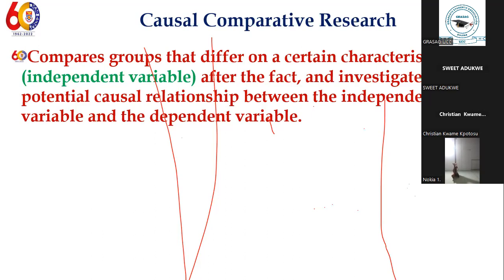One, those that receive incentives. And two, those that do not receive incentives. So we want to compare these two groups and see, is there any difference in their job satisfaction? If there are differences, to what extent does the receipt of the incentive affect their job satisfaction? So that's why the need for the causal comparative research.